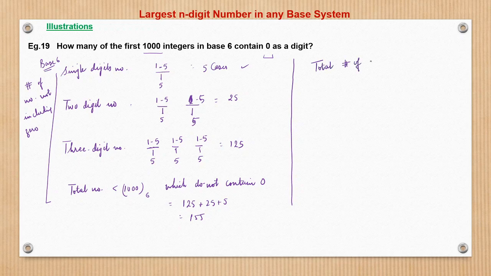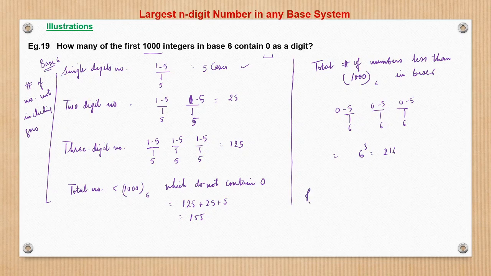Now we calculate the total number of numbers less than 1000 in base 6. These are three digit numbers, each digit taking 0 to 5, so 6, 6, 6, that is 6 cube, which is 216.